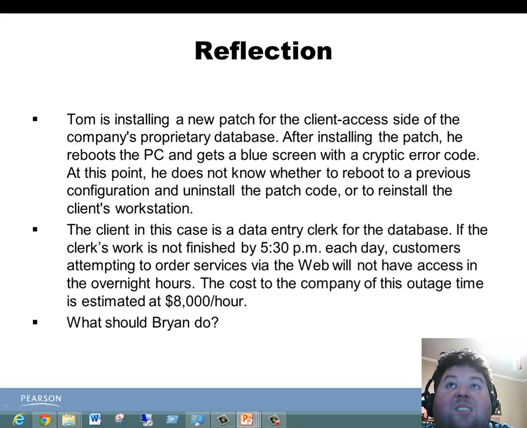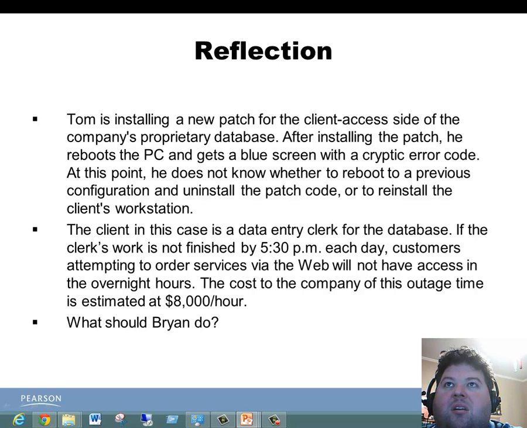So these are all pretty common. Here's an example. Tom is installing a new patch for the client access side of the company's proprietary database. After installing the patch, he reboots the PC and gets a blue screen with a cryptic error code. At this point, he does not know whether to reboot to a previous config or uninstall. The client in this case is a data entry clerk for the database.